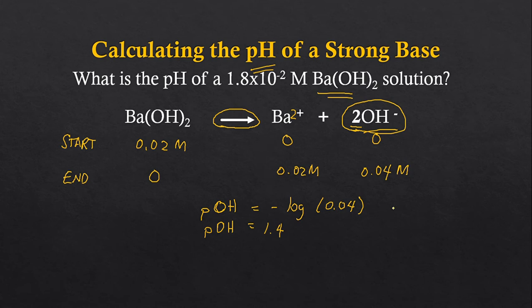Now, again, going back, di ba? pH plus pOH is equal to 14.0. So, to get the pH, we just subtract the pOH from 14.0. So, 14.0 minus the pOH to get the pH.